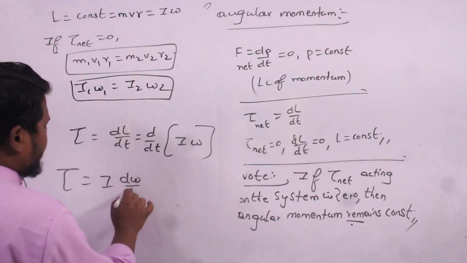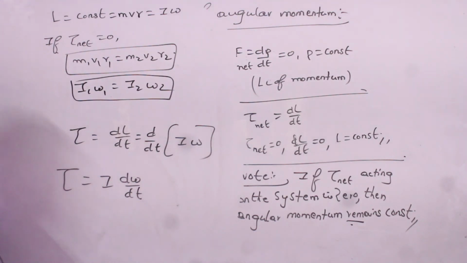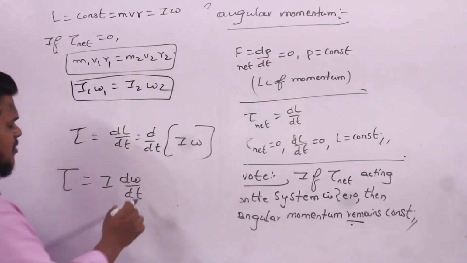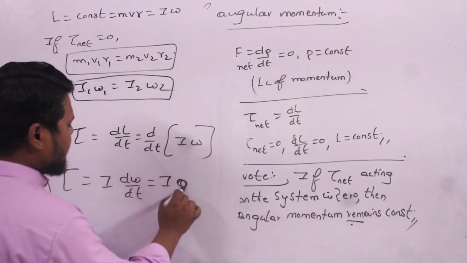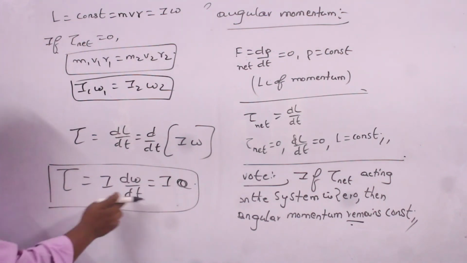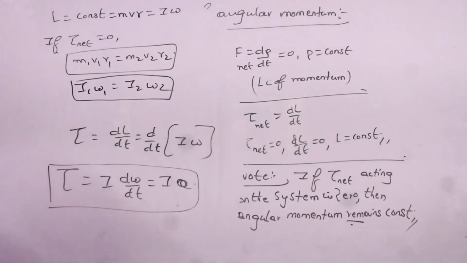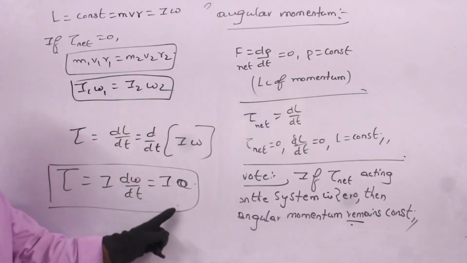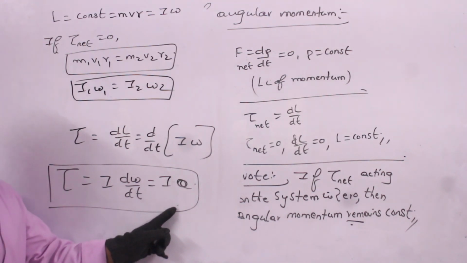What is d omega by dt? Change in angular velocity with time is alpha. So I into alpha. This is the same equation we have been using: torque is equal to I into alpha. This is the proof of how we got torque equal to I into alpha.